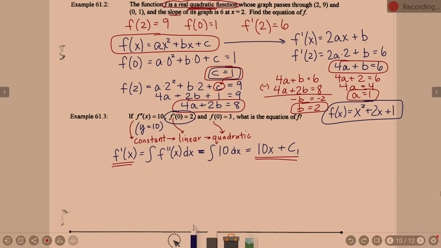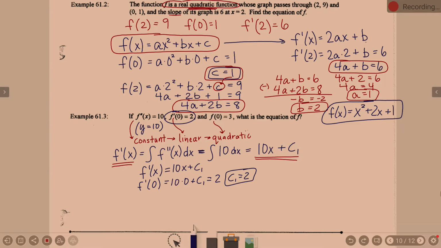Officially, what I'm going to tell you is to plug the information in. So f prime of x equals 10x plus c1. If I plug in 0, f prime of 0 is 10 times 0 plus c1 equals 2, which works out to c1 is 2.